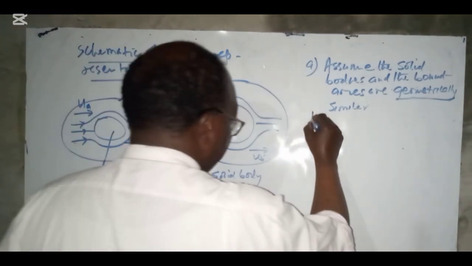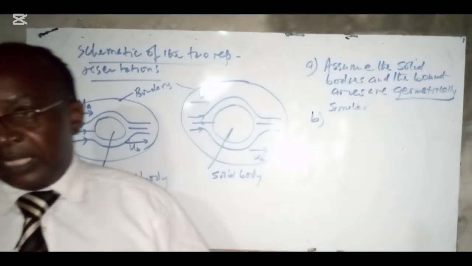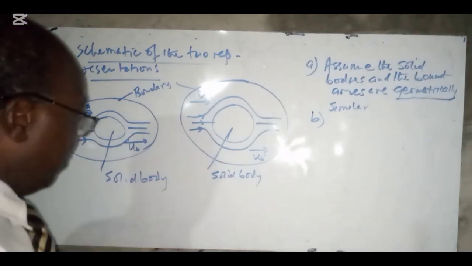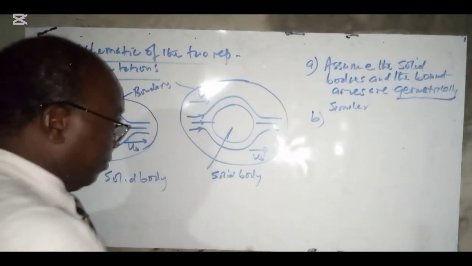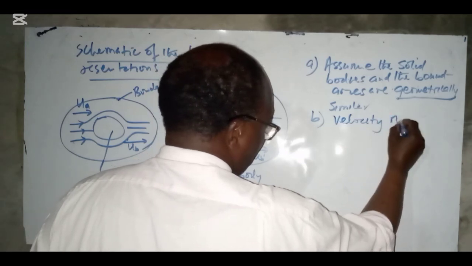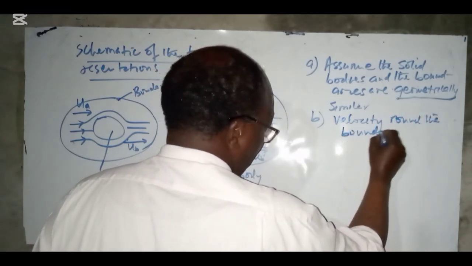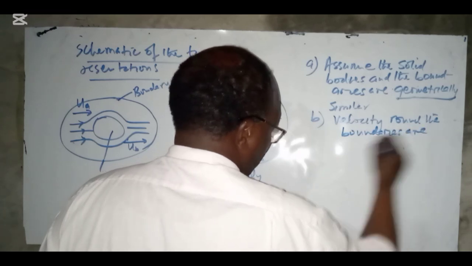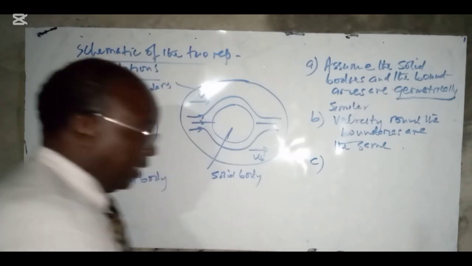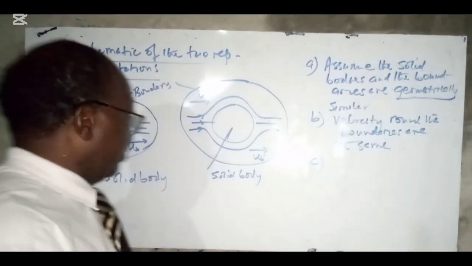Two, we are also assuming that the velocities around the boundaries are the same. Finally, we are also assuming that the temperatures around the boundaries are the same.